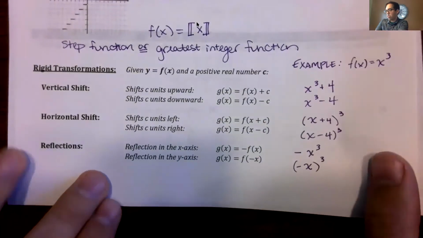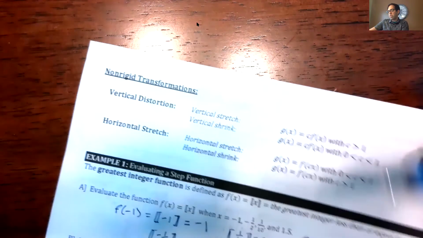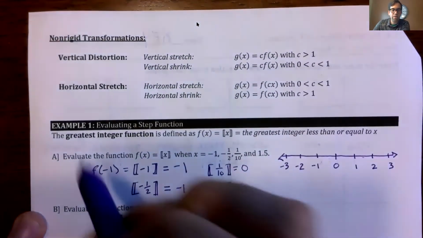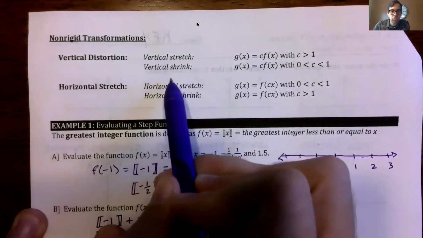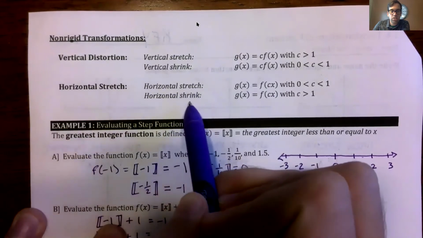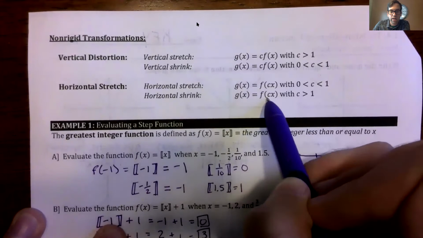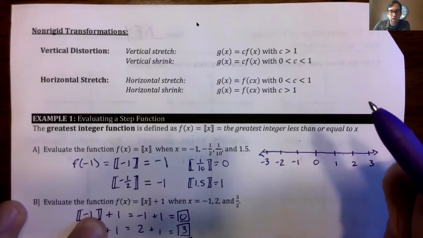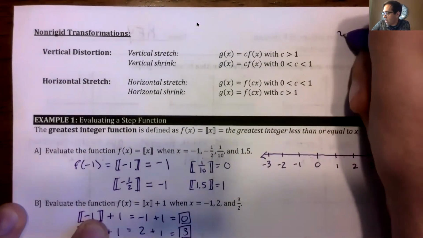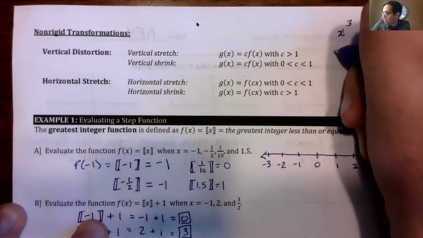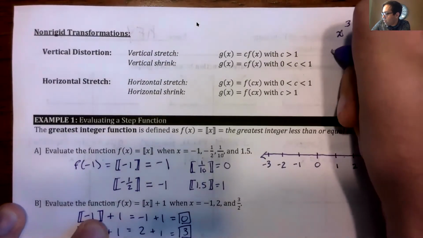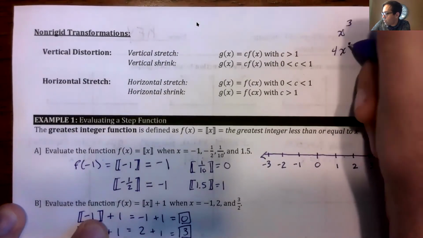So that's our reflections. And next up, we have our non-rigid transformations. So we can have vertical stretches and shrinks and horizontal stretches and shrinks. And it's all about a number multiplied either in front or inside of our parent. So if we look at that x cubed again, it would be something like 4x cubed.